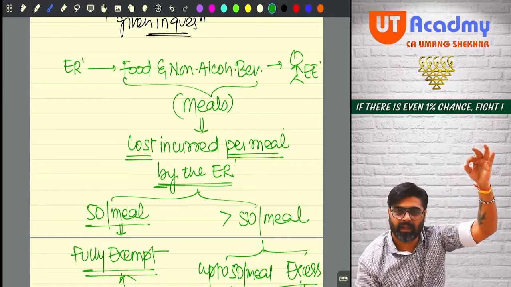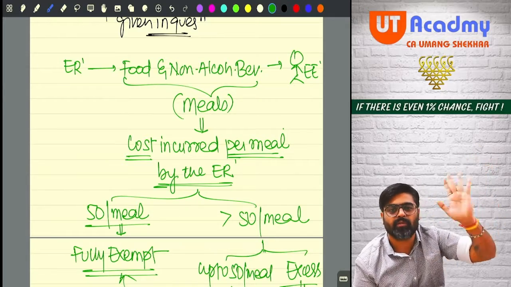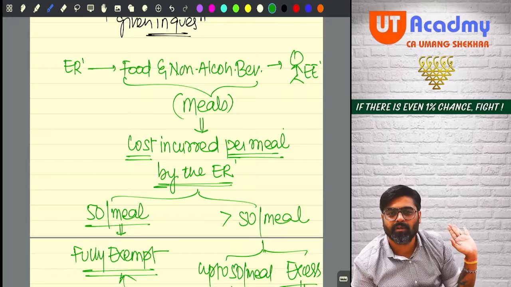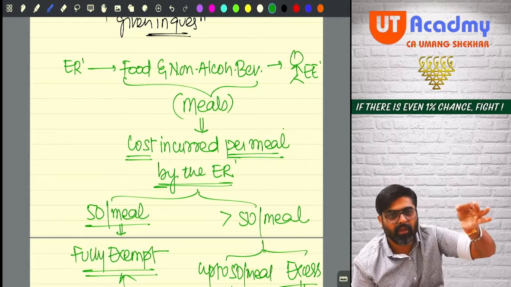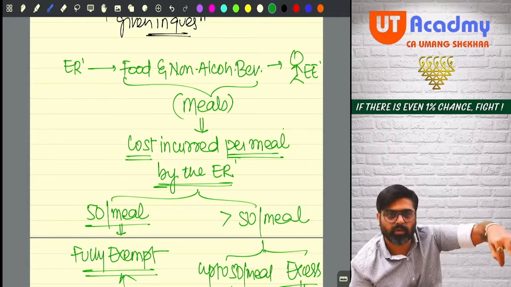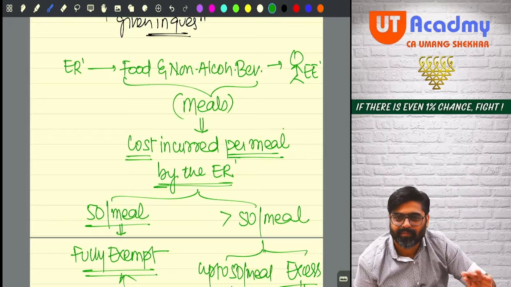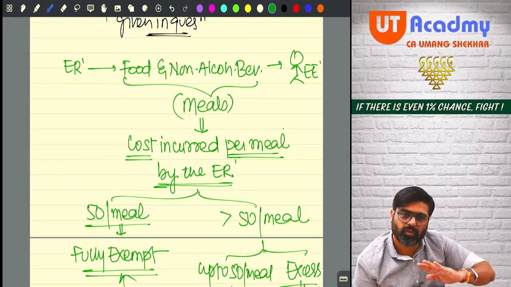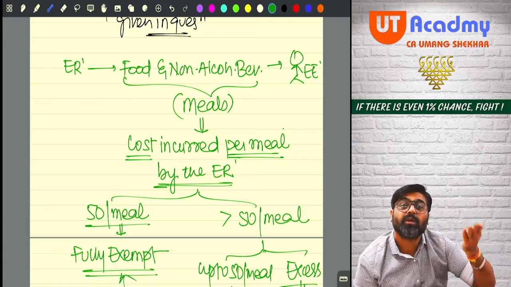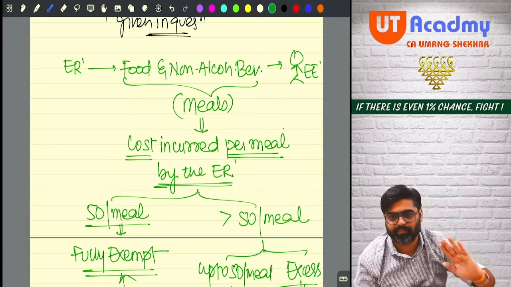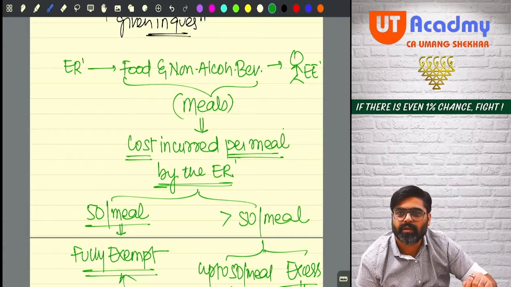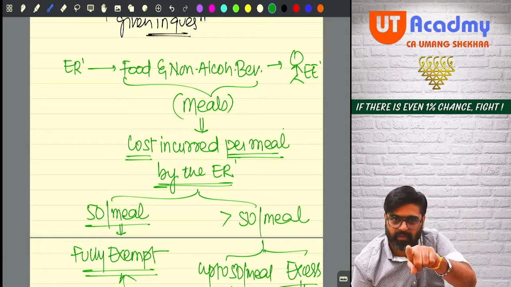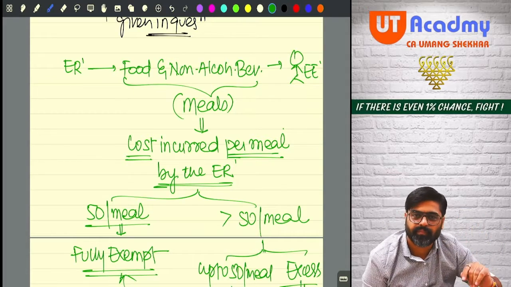Go and eat in any restaurant and give this 150 rupees food voucher. Worth 150 of food you can have in any nearby restaurant. So a 150 voucher is as good as 150 rupees of cost incurred on your meal. Getting my point? That time also the treatment will be the same.